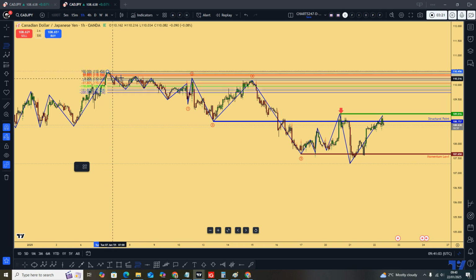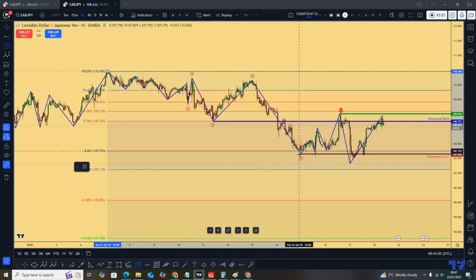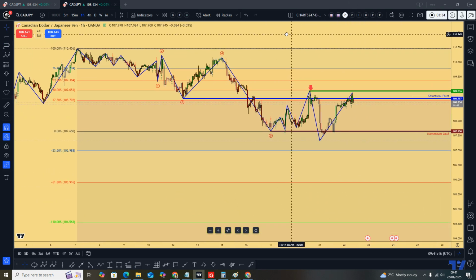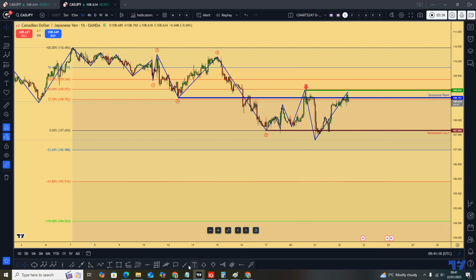So we have 0 all the way to momentum low, and you can see the 50% of the T1 has been traded, so that is acceptable, and this gives us a target that is going to be below the T2, which is the 61.8.